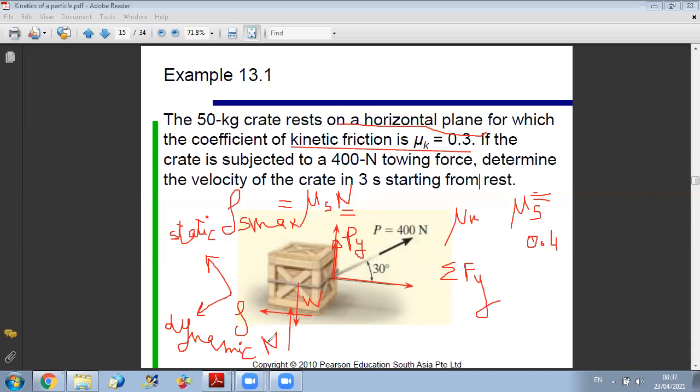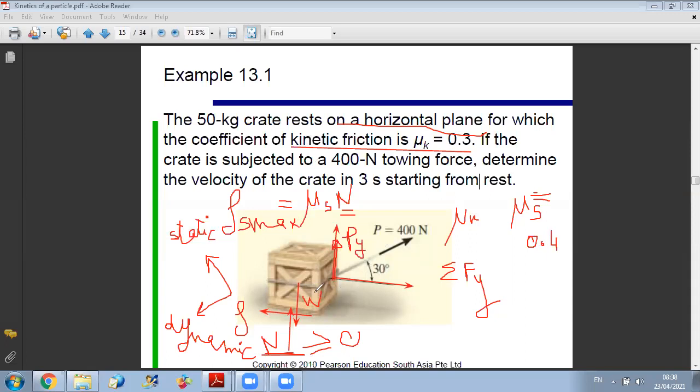What is then the condition to not move vertically? N should be higher or equal to 0. Because if you get a negative value of N, this is not physical. This means that there is no contact between the surfaces, and then in this case, Py will be larger than W, and we don't have any more N, and the crate will be lifted upward. And we can have an acceleration upward if Py is larger than W.